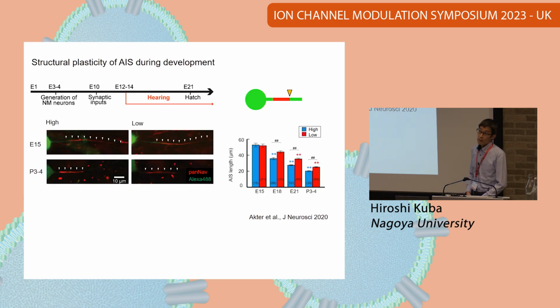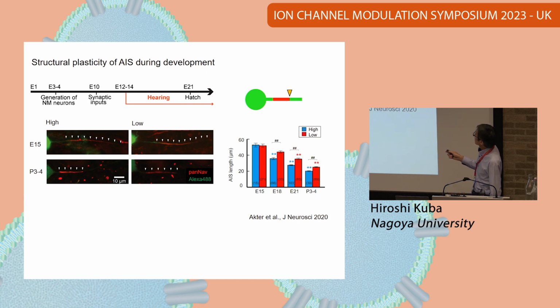Recently, we reported another role of AIS plasticity, which is to shape the frequency-specific AIS distribution in NM during development. Here we labeled NM neurons and stained the AIS with a pan-Nav antibody. You can see the AIS was very long immediately after the hearing onset, while the length didn't differ between the tonotopic regions.